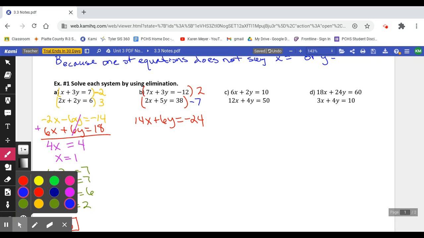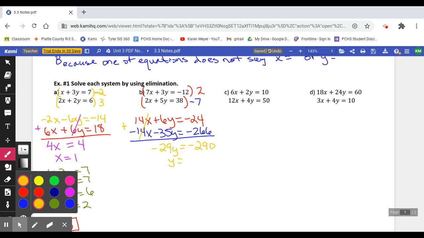Multiply the bottom one by negative 7, and I get negative 14x minus 35y equals negative 266. Now add your columns. Your x's cancel out, which is what we wanted. Your y's, you get negative 29y equals negative 290.